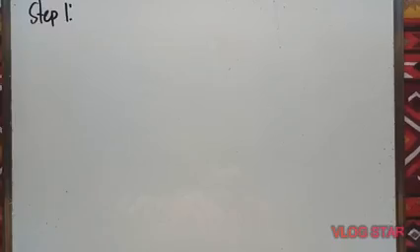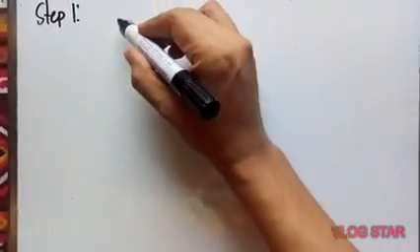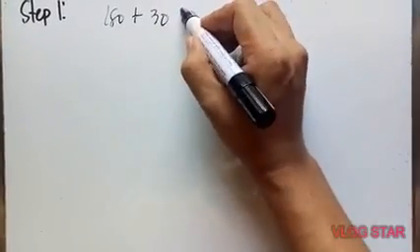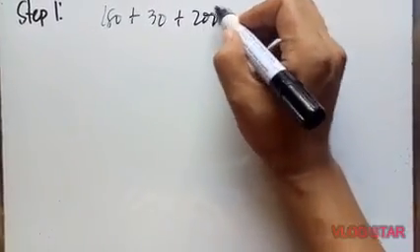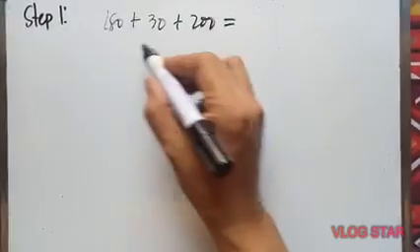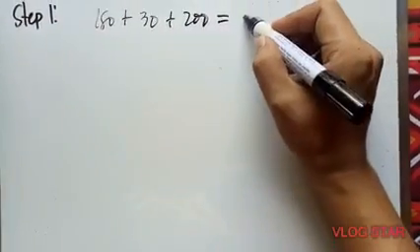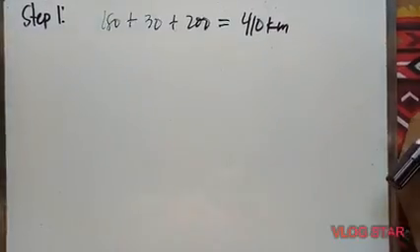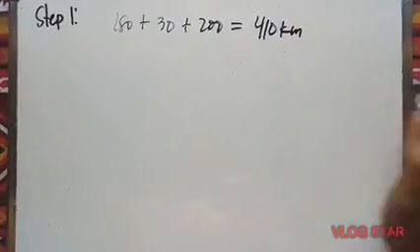So we will just add the distance, 180 plus 30 plus 200. So if we add the three numbers, then we can obtain 410 kilometers. So that is the first step.